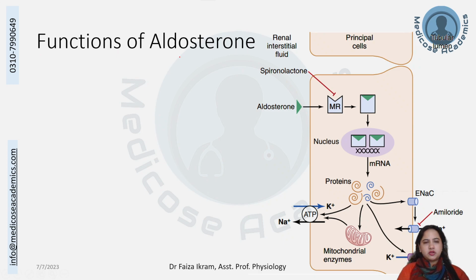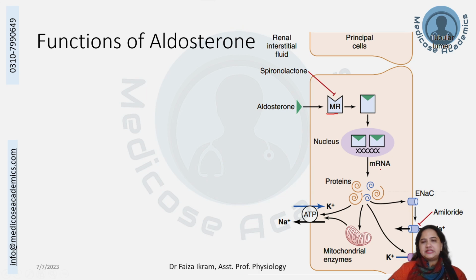We were talking about aldosterone. We have seen from where it is produced, what are its stimuli, and now we are looking at a diagram which is showing the mechanism of action. Aldosterone is lipid soluble, moves into the cytoplasm, binds to its receptor. That complex moves into the nucleus, binds to the hormone response element, ultimately modulating the genetic expression, transcription, and translation.